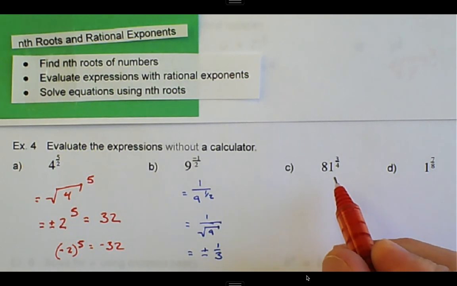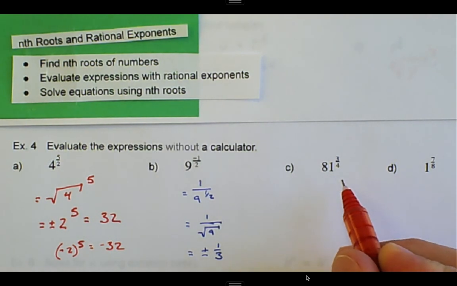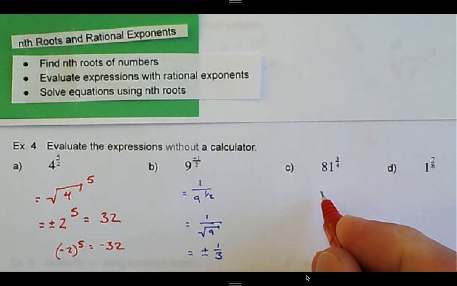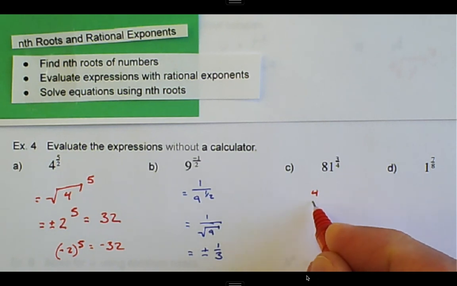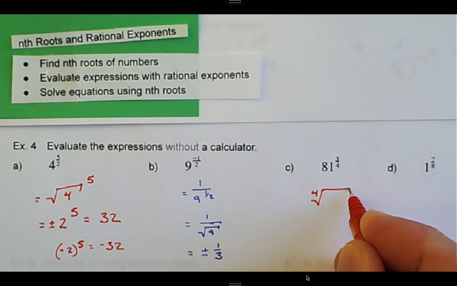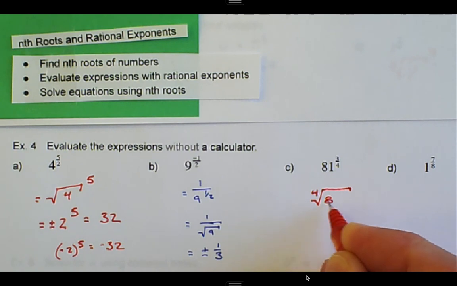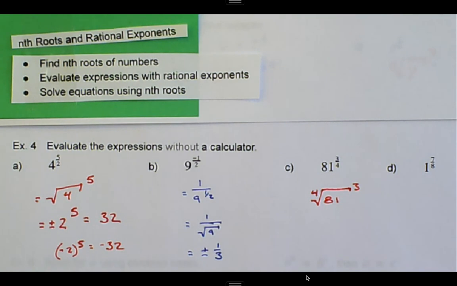Next one we have here is 81 to the 3/4, and we can rewrite that one as the 4th root of 81 raised to the 3rd power. And the 4th root of 81 is equal to plus or minus 3.